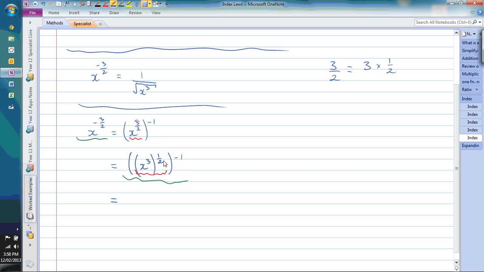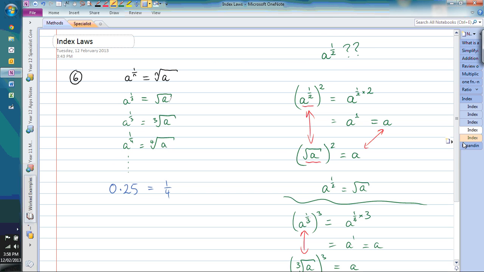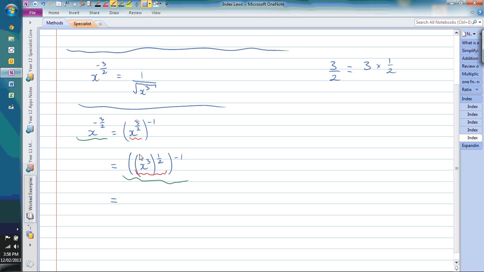I know from index law number 6 that something raised to the power of a half is equivalent to a square root. So this thing to the power of a half is equivalent to the square root of x cubed. The thing in here is just under a square root sign instead of a power of a half, and that's all raised to the power of negative 1.